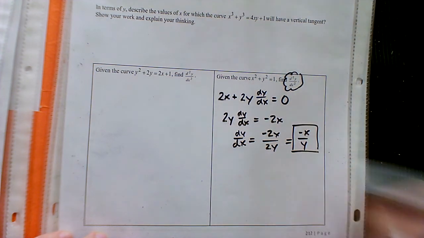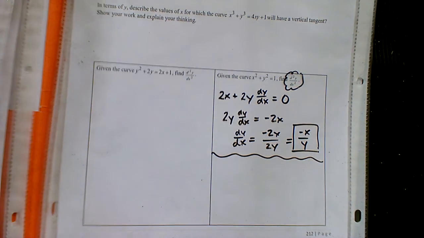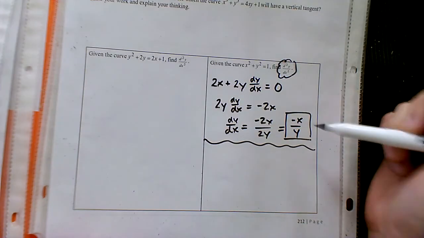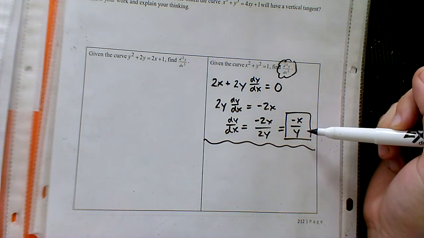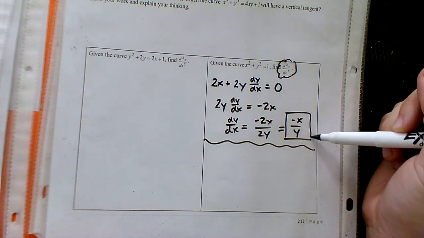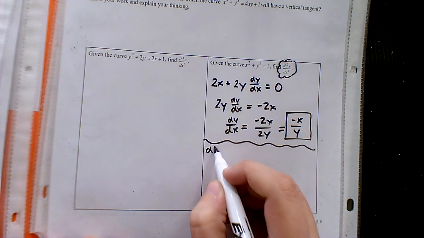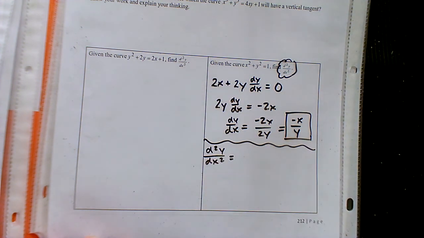All right, there's our first derivative. But they want us to go a step further, okay, go another round. So you have to ask yourself, how are you going to find the derivative of negative x over y? Quotient rule. All right, so we'll label this as the second derivative.